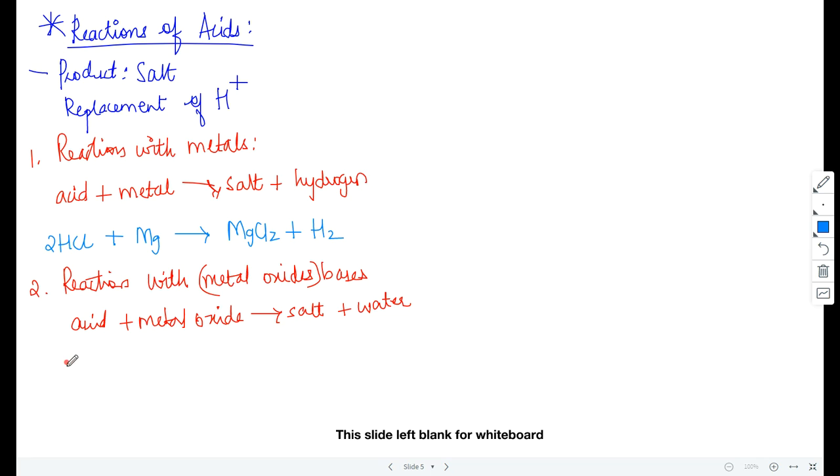Now I'm going to use sulfuric acid with a metal oxide. So I'm using copper oxide, and what I am getting is copper sulfate with water. Now tell me whether this is balanced or not.